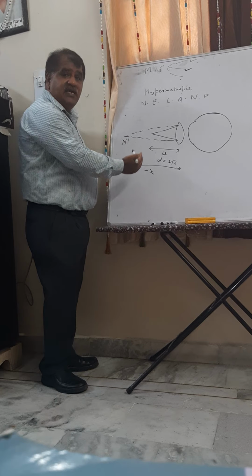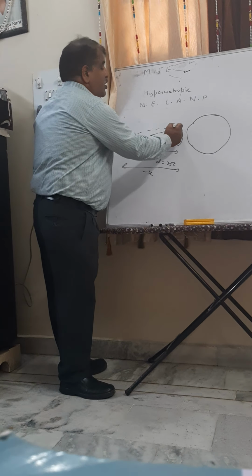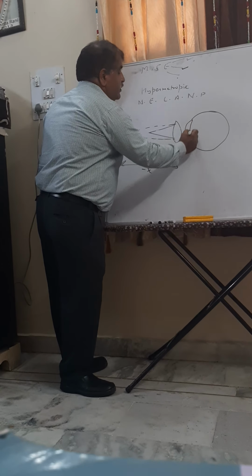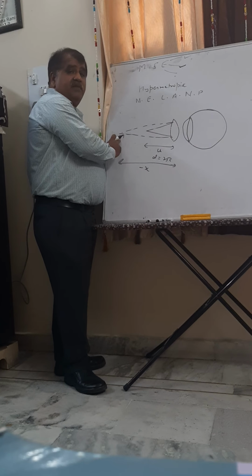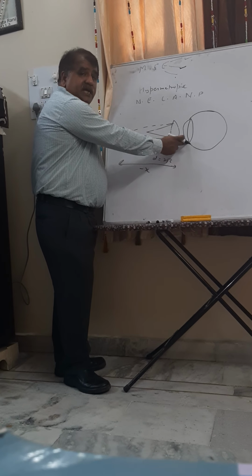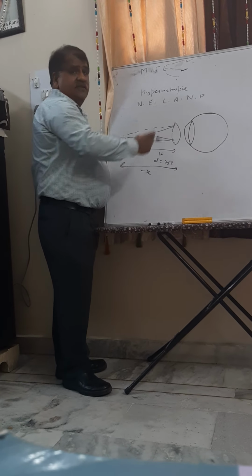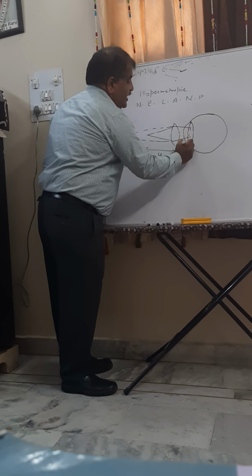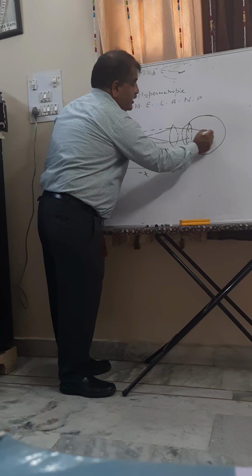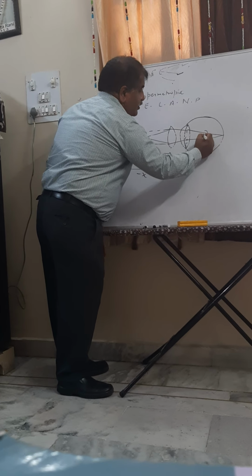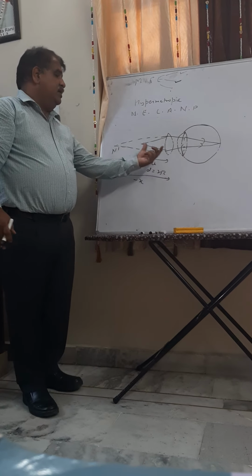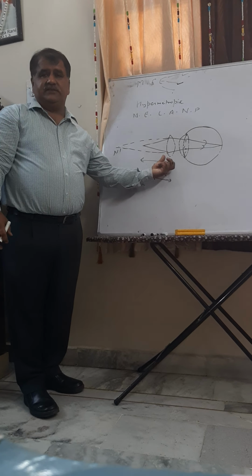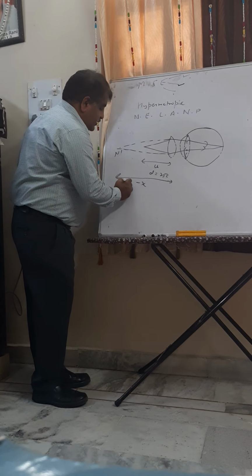It is against the incident ray. Now this image acts as the object for our eye lens, and the image formed by it is on the retina, because its converging power has been increased by this convex lens. So this is V.